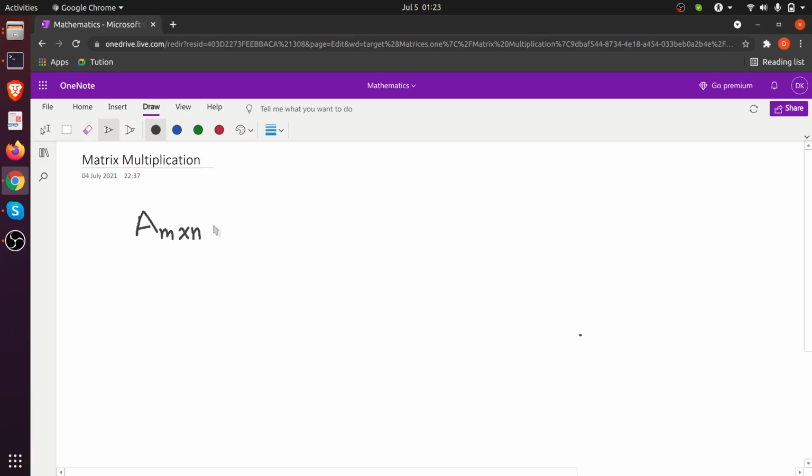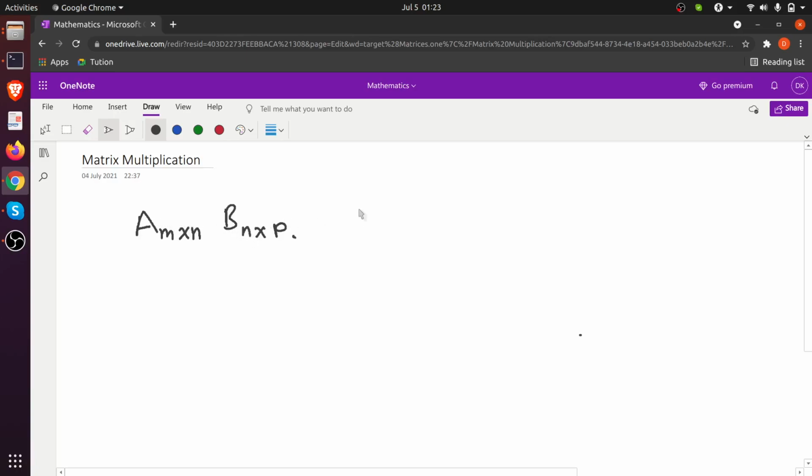I hope you know that to multiply two matrices, their dimensions should be such that the number of columns of matrix A should be equal to the number of rows of matrix B. And you would have been taught to multiply by taking each row.